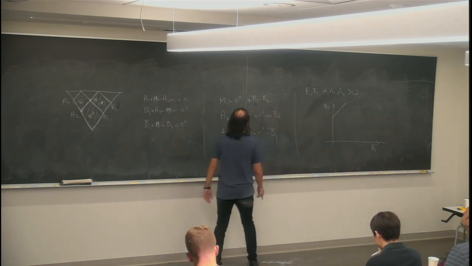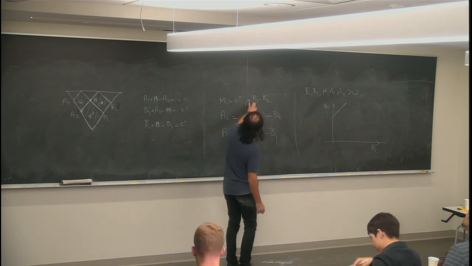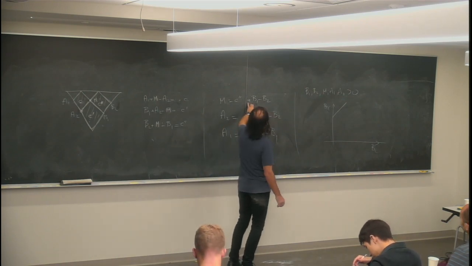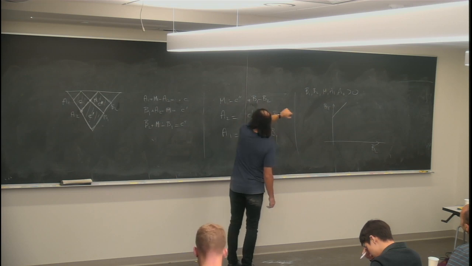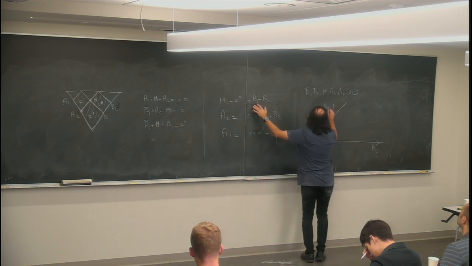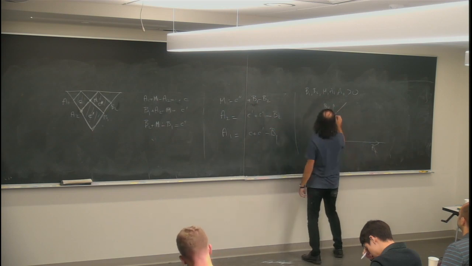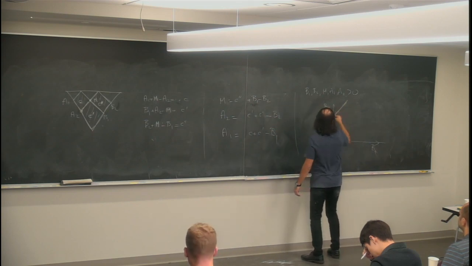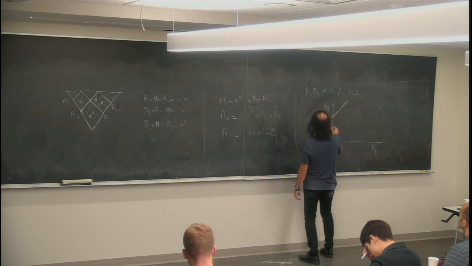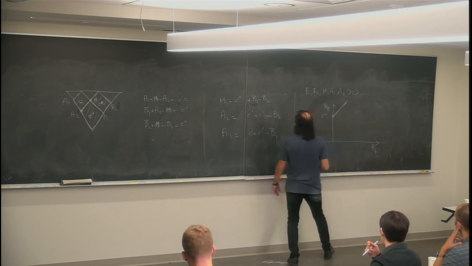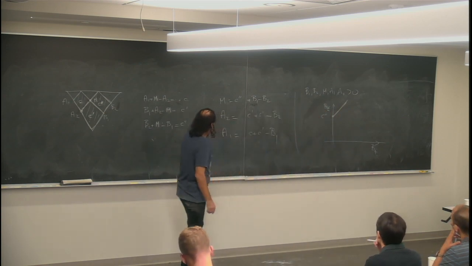In order for this to be positive, I have to have this guy positive. So B2 has got to be smaller than something on the other side of this line, where this value up here is C double prime.